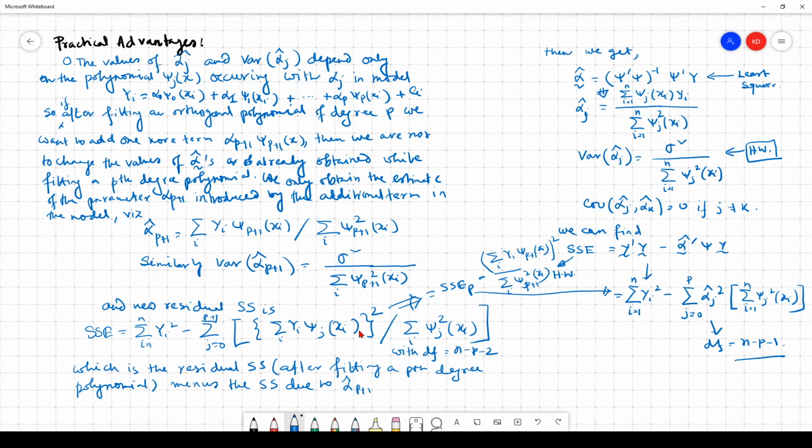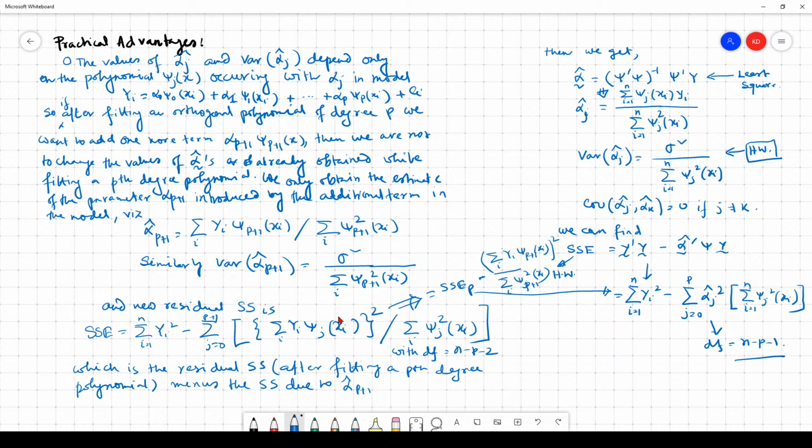Okay, just take that. So, if you consider only polynomial, then every time you are adding a new degree, you need to fit the whole polynomial.